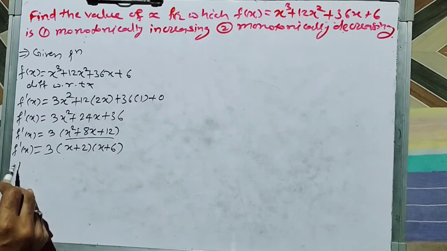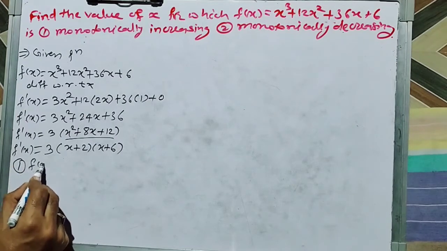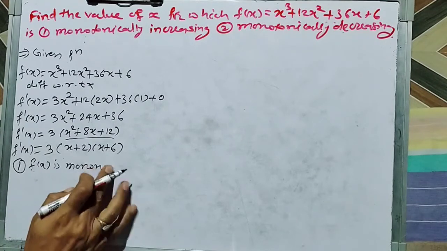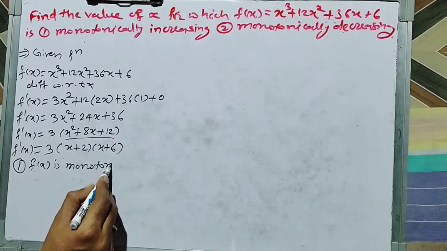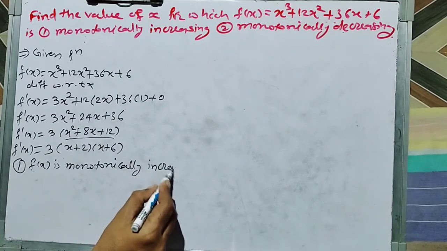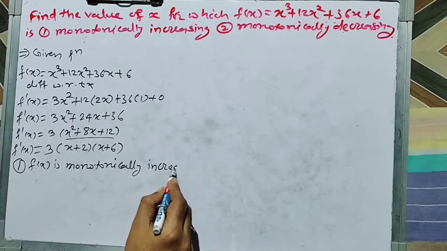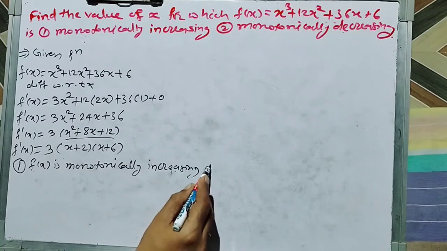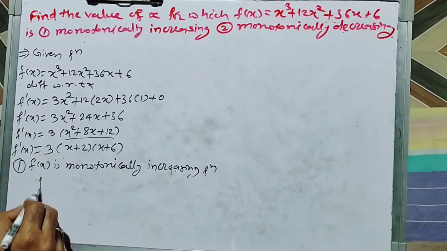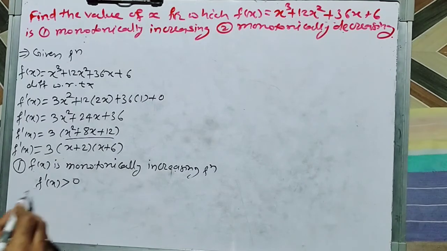So our first problem: f(x) is a monotonically increasing function. Now increasing means what? f'(x) is greater than 0.